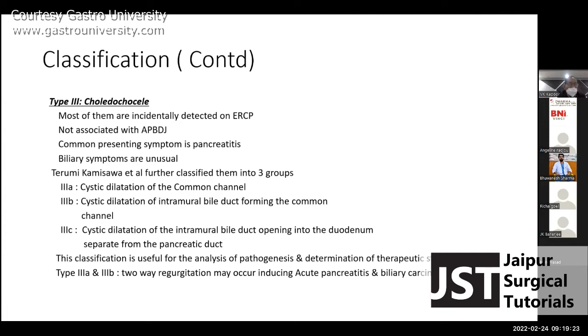Terumi Kamisawa et al. further classified choledochoceles into three groups. 3A was the cystic dilatation of the common channel. 3B was the cystic dilatation of intramural bile duct forming the common channel, and 3C was cystic dilatation of the intramural bile duct opening into the duodenum separate from the pancreatic duct.